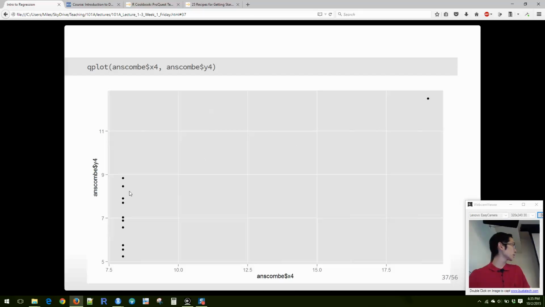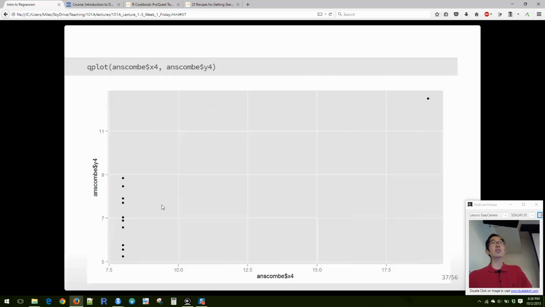And then lastly, here we're fitting x4 and y4. We only gathered data where x was equal to 8. So it would be a really bad idea to try to create some kind of trend between x and y when you've only looked at one value of x.